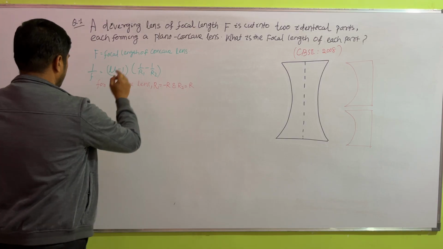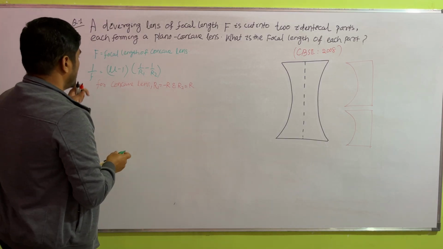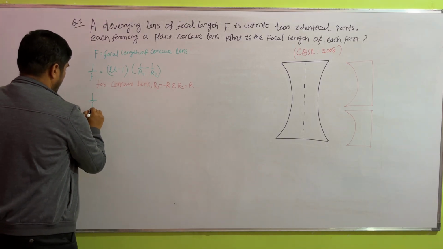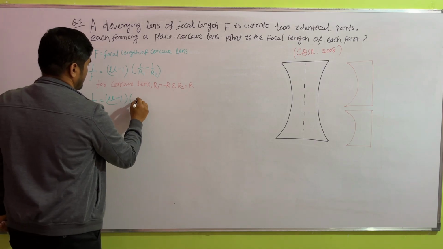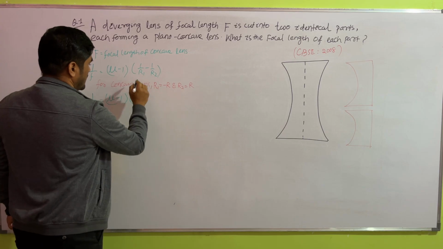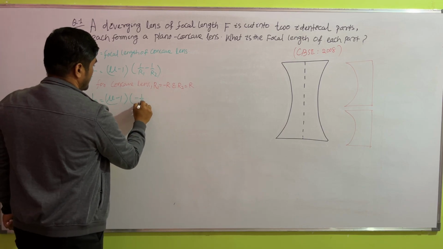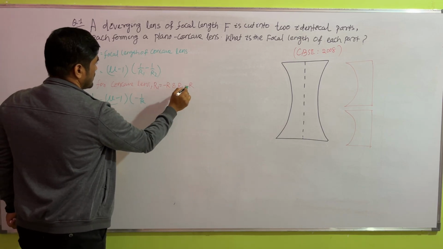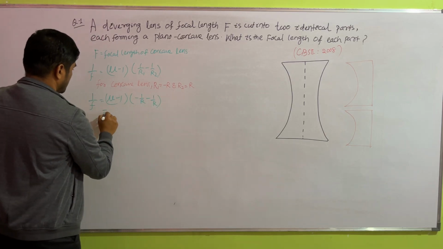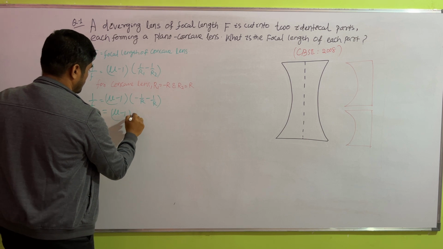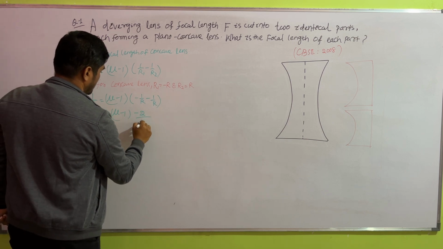So by using these two values in this formula, 1 divided by f will be equal to mu minus 1 multiplied by the value of r1, which is minus 1 divided by r, and this is r, minus 1 divided by r. So this is equal to mu minus 1 into minus 2 divided by r.